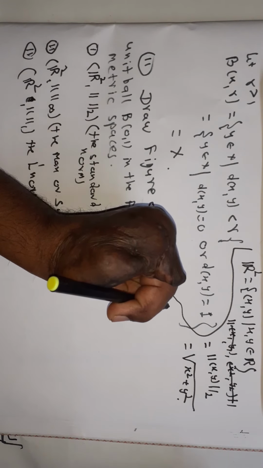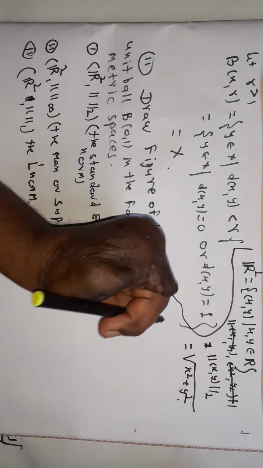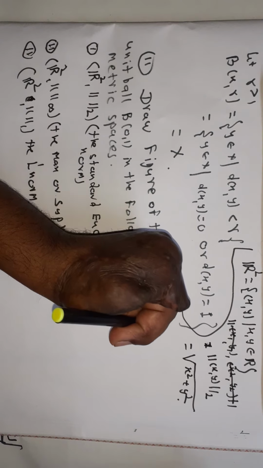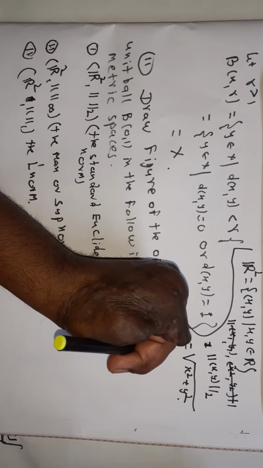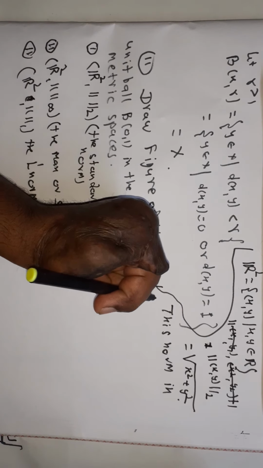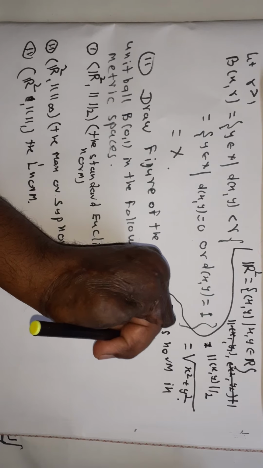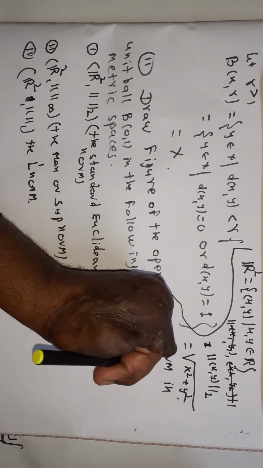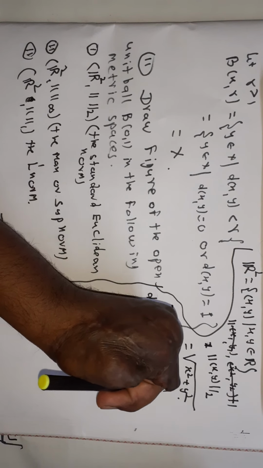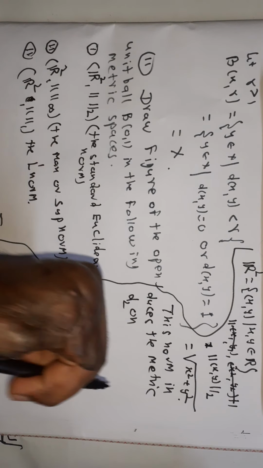Now this norm induces the metric D2 on R2.